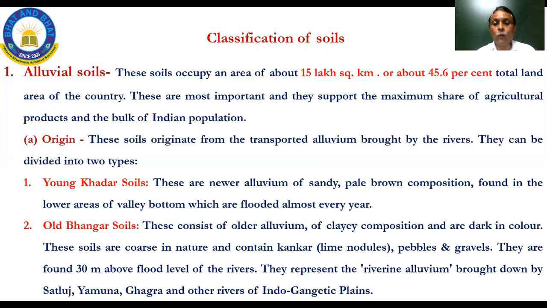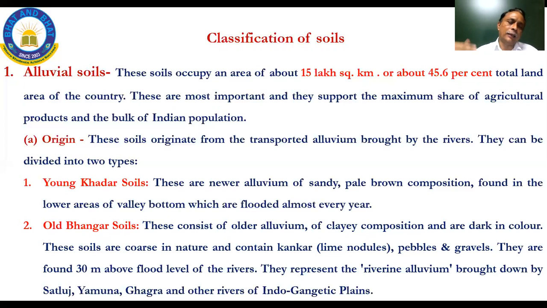These consist of older alluvium of clayey composition and are dark in color. These soils are coarse in nature and contain kankar or lime nodules. Kankar is the word in Hindi for that. Pebbles and gravels. They are found 30 meters above flood level of the rivers.